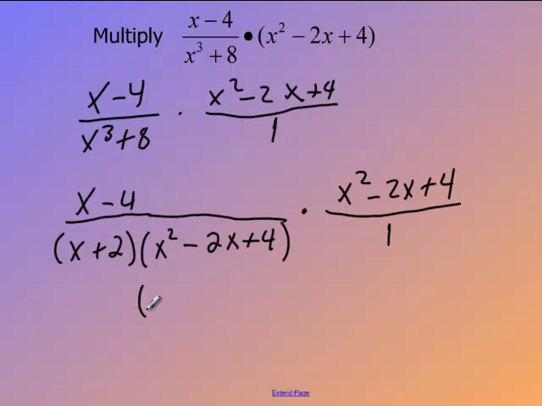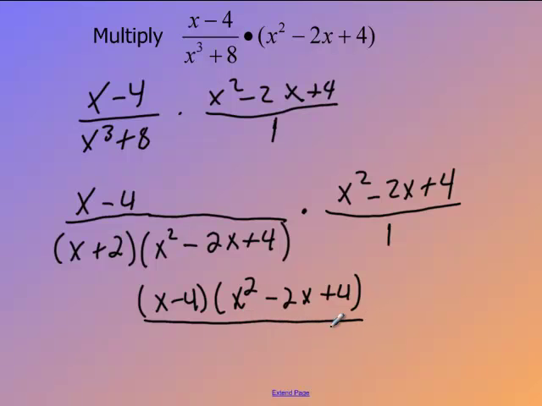Now I'll multiply these together. x minus 4 times x squared minus 2x plus 4, over x plus 2 times x squared minus 2x plus 4.